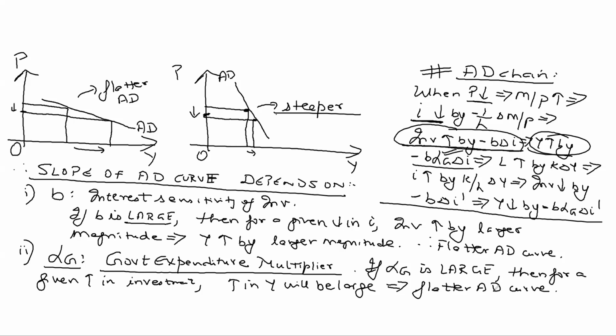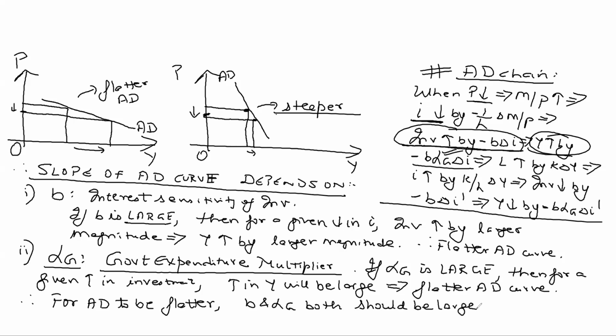So what do we learn? Therefore, for AD to be flatter, B and alpha G both should be large. And if B and alpha G are both large, what does this mean?